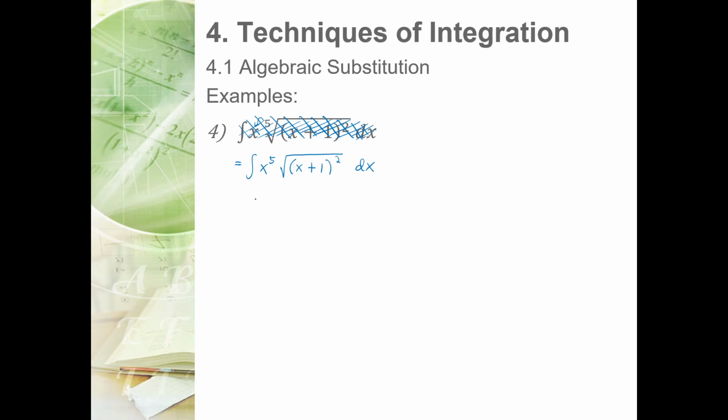Okay, so let's try again. z is equal to the square root of (x plus 1) squared. So this becomes z squared is equal to (x plus 1) squared.